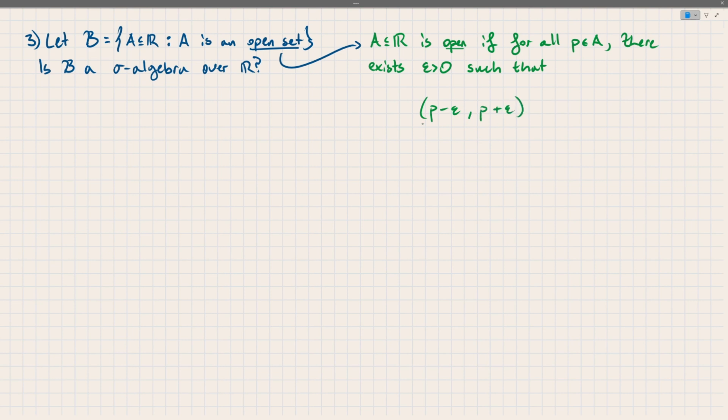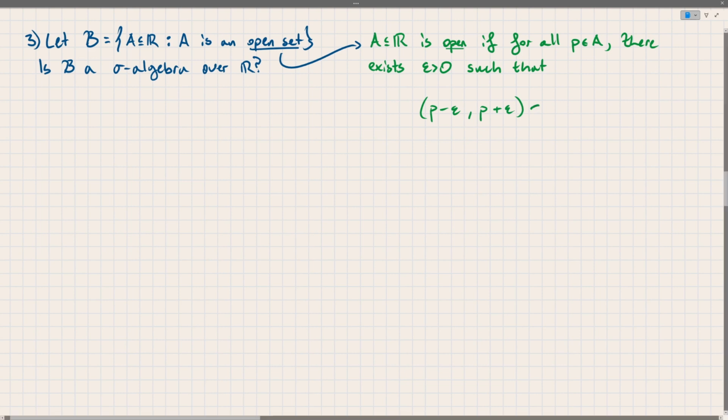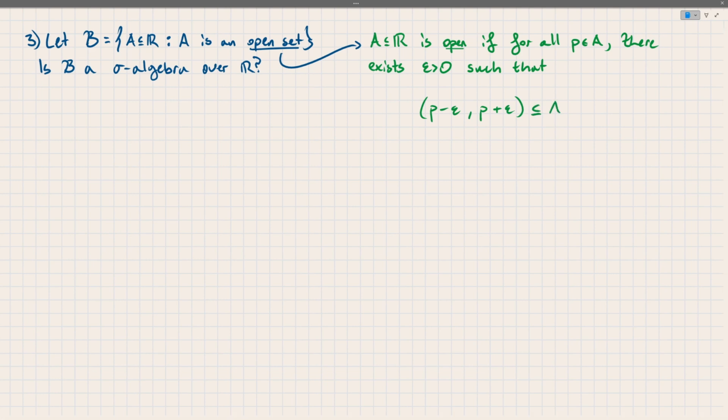This is an open interval, is a subset of A. So this is what it means for a set to be open.